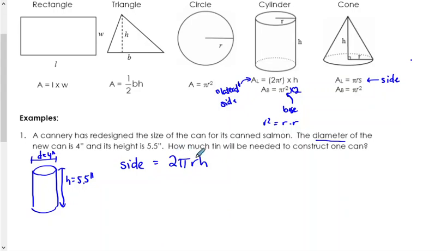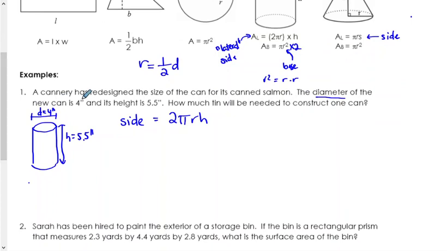Okay, so I have a height, but I do not have a radius because I was given diameter. So remember, your radius is just half of your diameter if you're given diameter. So we can find radius very easily by dividing our diameter by 2, and we get our radius is 2 inches.